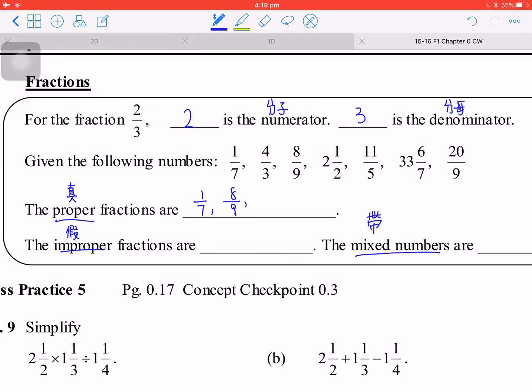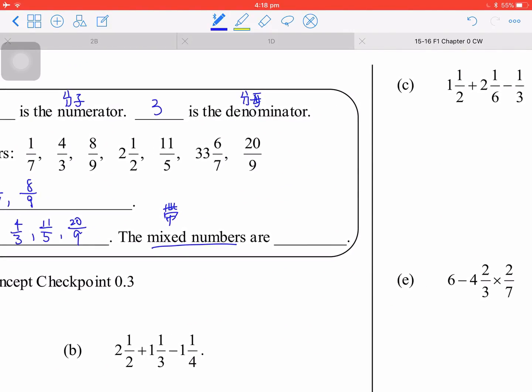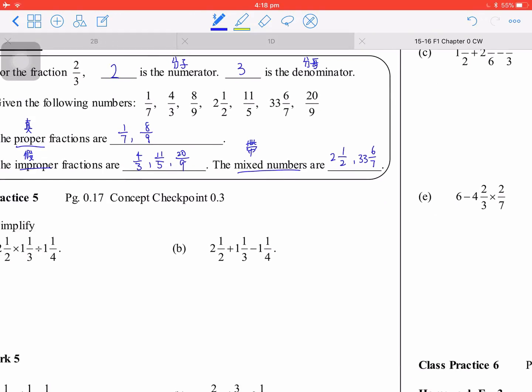You will have no, okay, finish 2 of it. Then for the improper fraction, this one and this one, and the last 2 will be 2 and 1/2 and 33 6/7.